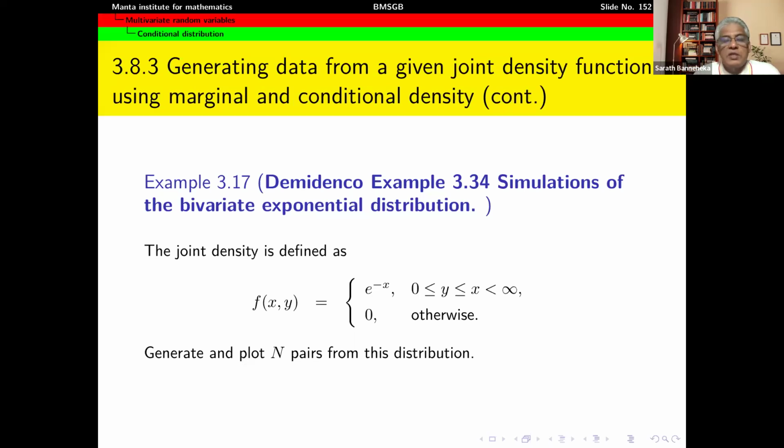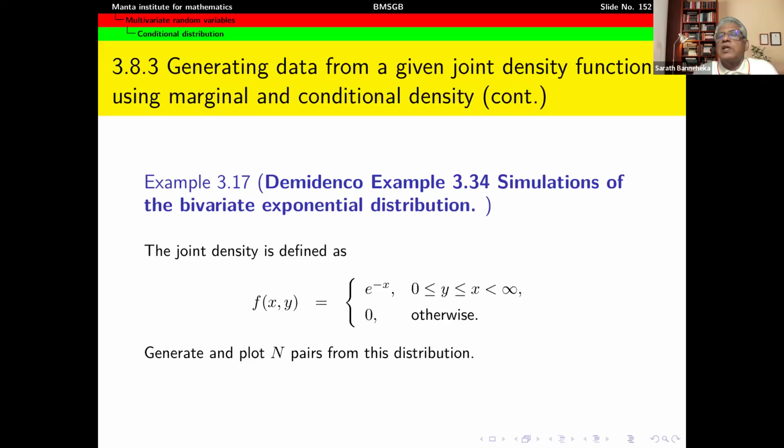Suppose we want to generate data from this particular joint density function. So how do we do that? First of all, as I mentioned, the method that we are going to use is to generate an x value from the marginal distribution of x, and then generate a y value from the conditional distribution of y given that value of x.